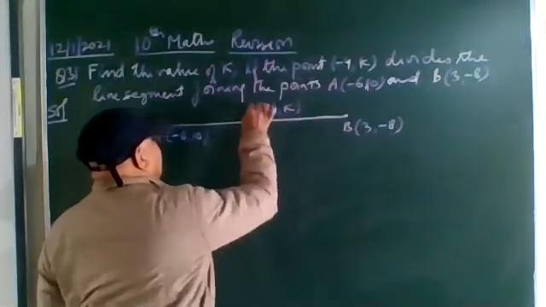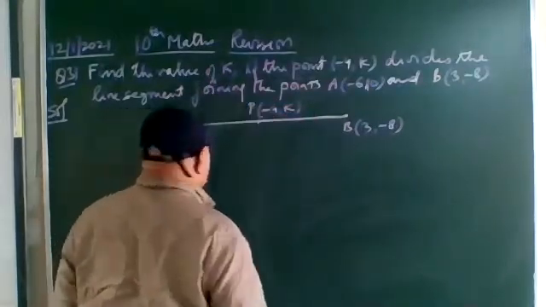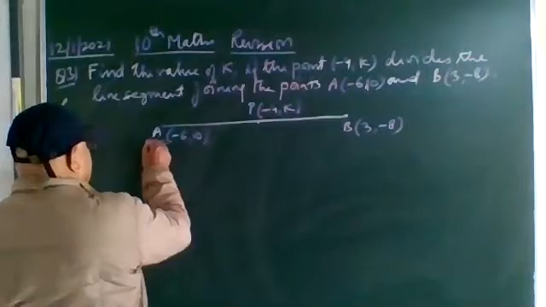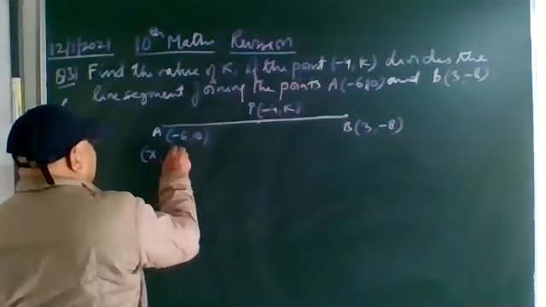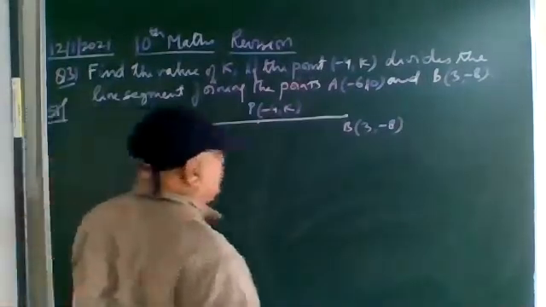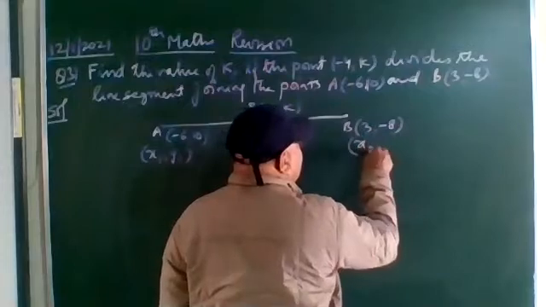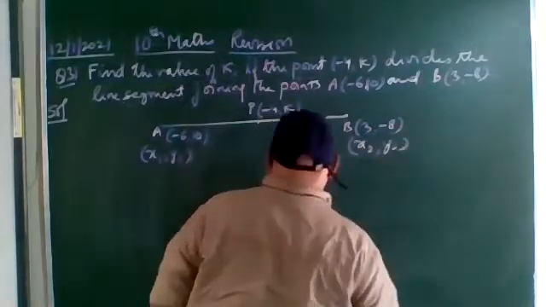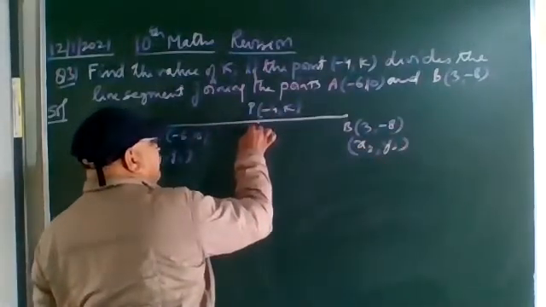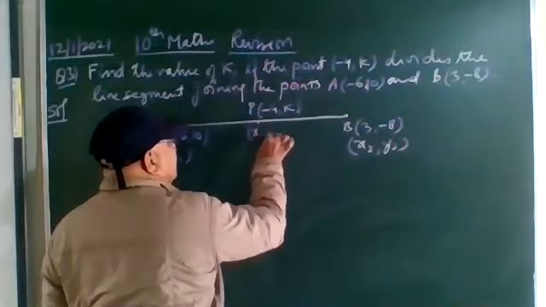You can name this point P. Now A you know, so you can write x1, y1. B is the second point, so you write x2, y2. And this point P, write x, y.